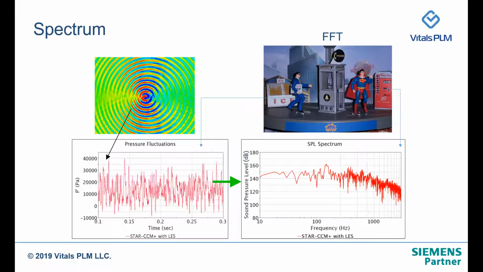You can just imagine Superman when he enters the telephone booth and comes out as the actual Superman. That's something you can use as an analogy for going from the time signal of the pressure to the frequency domain spectra. In the frequency domain, the spectra are so powerful and give a lot of insights for our understanding.